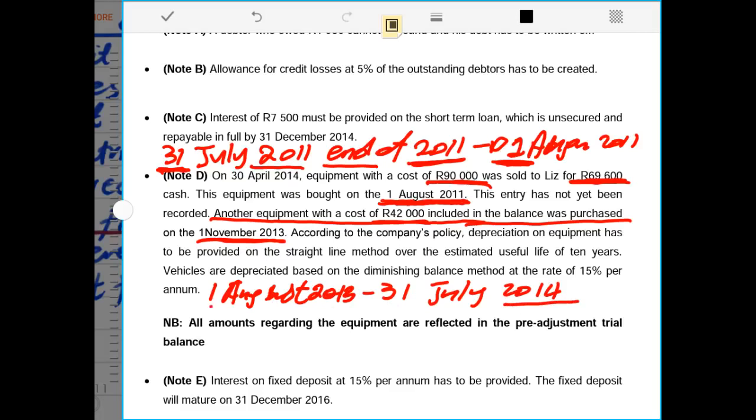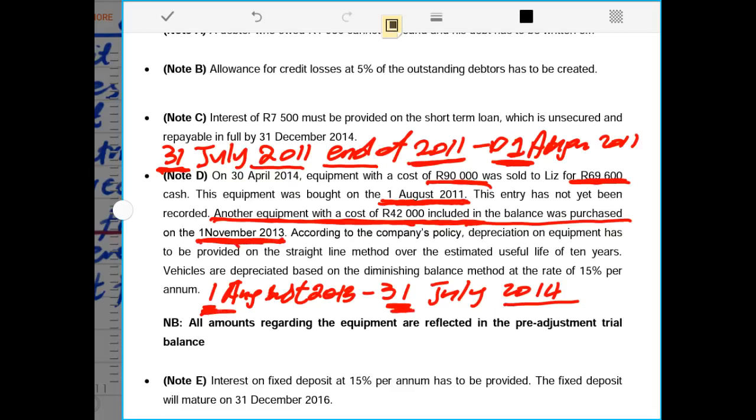So any transaction that occurs between the 1st of August and 31st of July 2014 is for the 2014 accounting period. And we see that the equipment costing 42,000 rands was bought on the 1st of November, and the 1st of November is between these two dates.